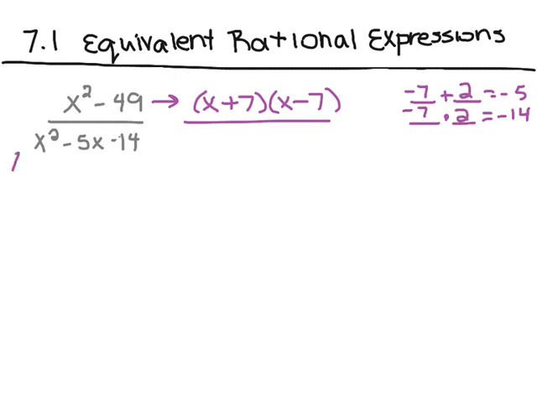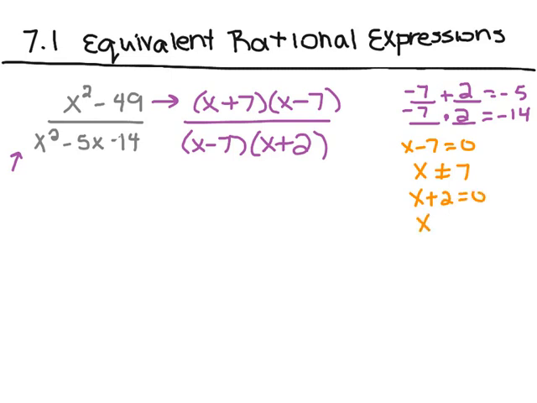And because a is 1, we skip to the last step, x minus 7, x plus 2. Once it is factored, you must find your non-permissible values. So x minus 7 equals 0, so x cannot be 7. And x plus 2 equals 0, so x cannot be negative 2.